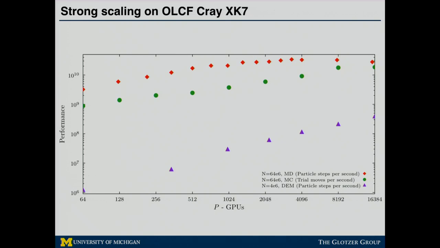And here it's across almost the whole range of GPUs available in the Titan machine. And we see pretty decent scaling for molecular dynamics, up to 16,384 GPUs in parallel. Of course, this is not yet what we do today. So we're able to run benchmarks on these systems, and we can measure performance and get meaningful numbers.